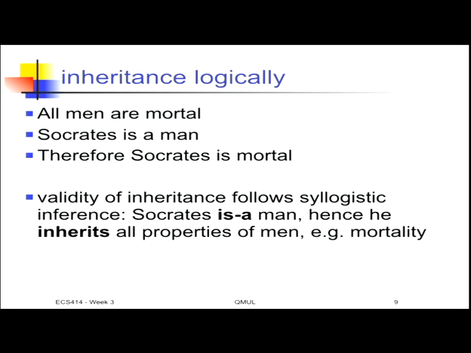So the inheritance relation between concepts makes logical sense for any concept that is an "is a" relationship. And why? Well, that's exactly because of the fundamental law of logic, syllogistic reasoning. So whatever you can think of in the superclass will be inherited by a more specific concept.